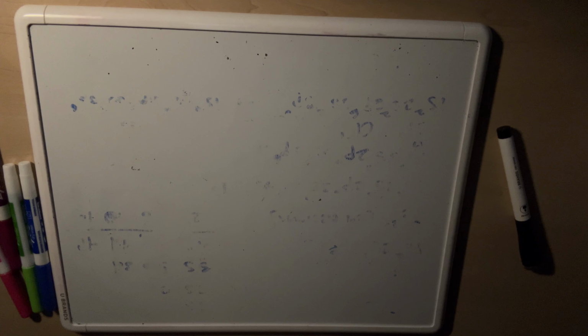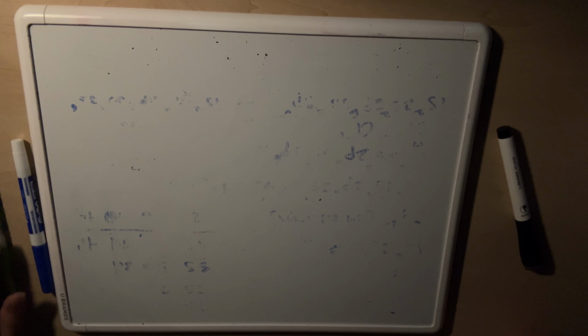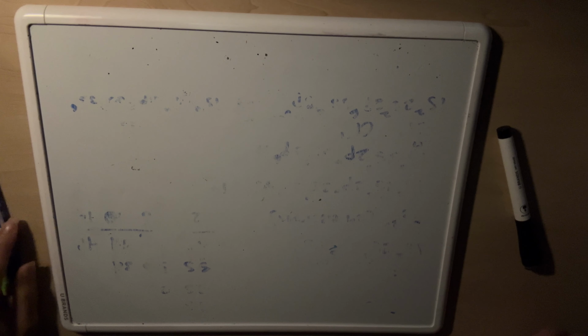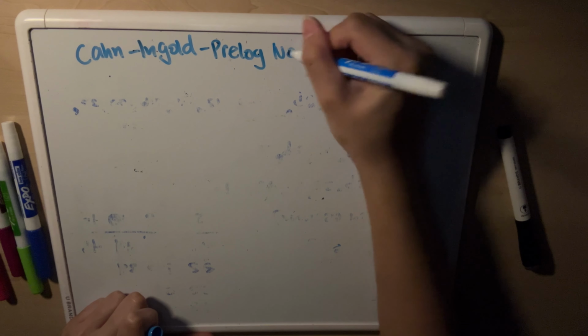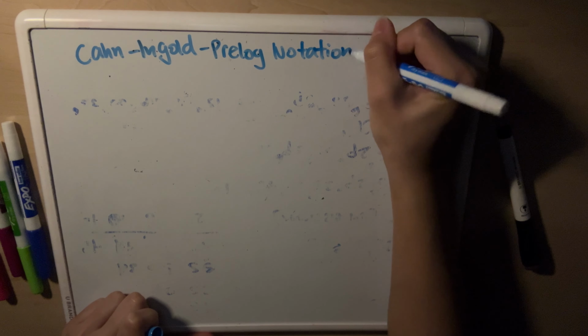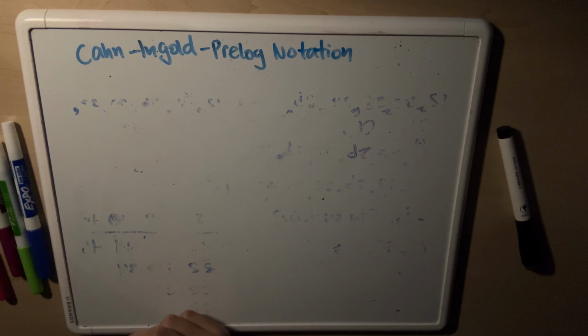Let me see. Now we're going to assign R and S. This also confused me a lot when I learned about it. When we assign R and S to chiral molecules, we're going to use something called the Cahn-Ingold-Prelog notation.